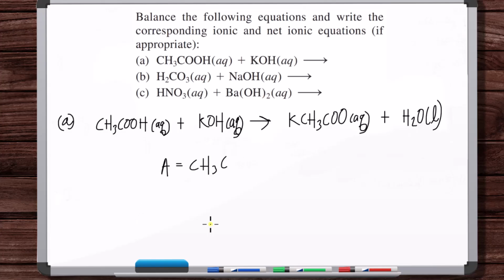All right. Now, for the ionic equation, when it comes to dealing with weak electrolytes, weak acids or weak bases, all we do is we don't break up anything that's a weak electrolyte into ions in the ionic or net ionic equation. That's it. That's the only difference. So we know this is a weak acid here, so we just leave it as it is in the ionic equation.